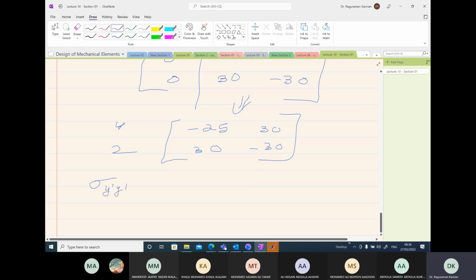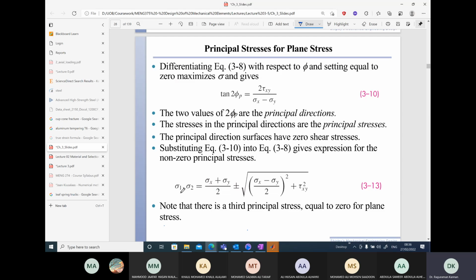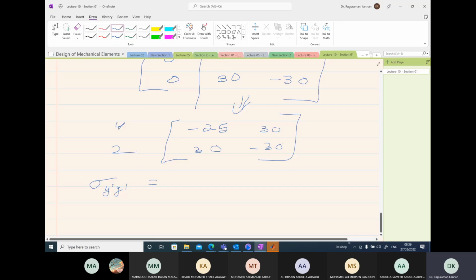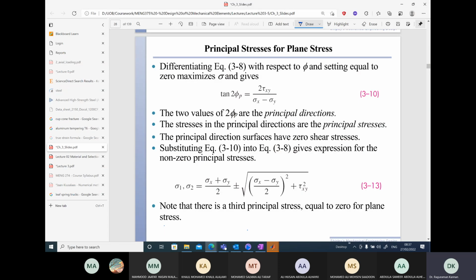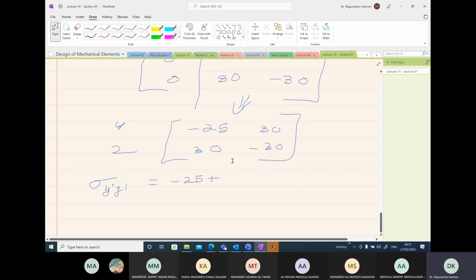We are going to get sigma y prime and sigma z prime. Remember, the formula becomes, since it is y and z, we first calculate sigma y prime with the positive quantity. So substitute here minus 25 plus, it should be sigma yy and zz, sorry. Since it is negative, we substitute minus 30 here: minus 25 minus 30 divided by 2.